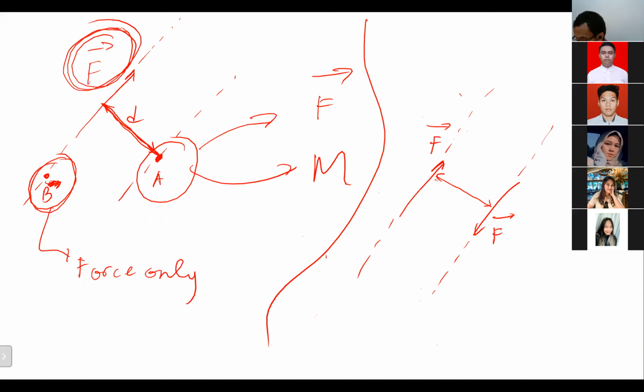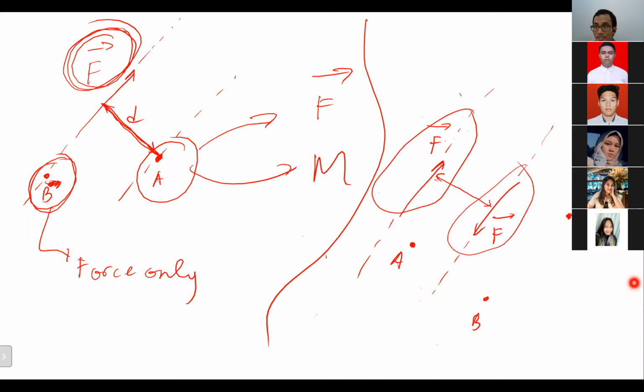So, for example, the total of this force system to point A, point B, point C: at point A, B, or C, this couple will not give any force effect. Why? Because the force effect from this force and the force effect from this force will cancel out each other. Correct or not, Rizky? Yes, Pak. But there will be a moment effect.